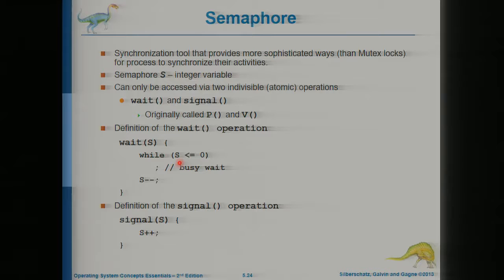I have already explained in the last class that a semaphore can be either a binary semaphore or a counting semaphore. If it's a binary semaphore, then it will have a value of 0 or 1, and if it is a counting semaphore, it will have a value of any valid range that it can take. So here, if it is considered as a binary semaphore, then the S value can be 1 or 0.